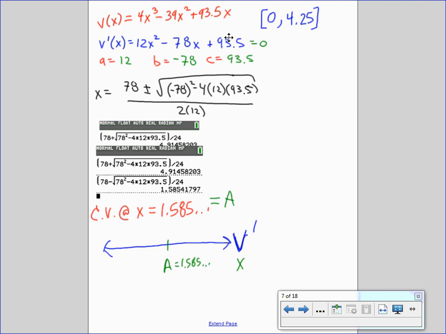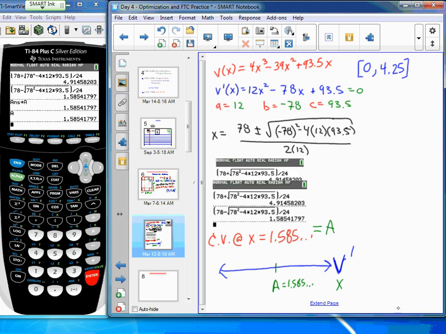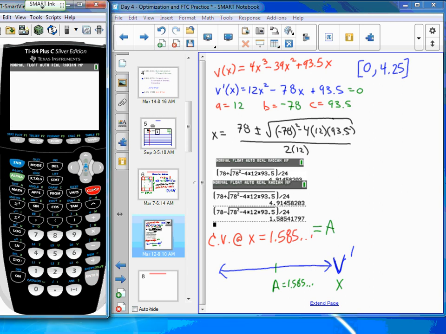So I'm going to go ahead and plug in 1. If I plug 1 into B prime, then I would get 12 times 1 squared minus 78 times 1 plus 93.5.